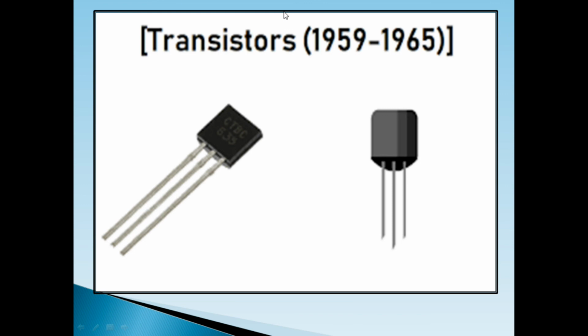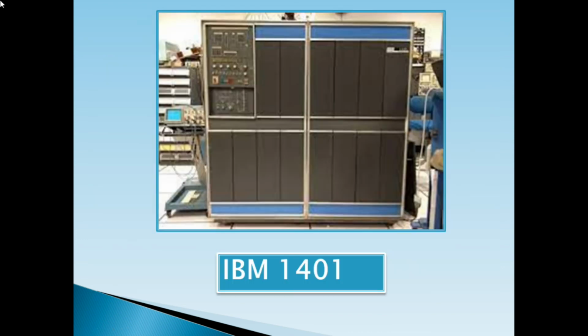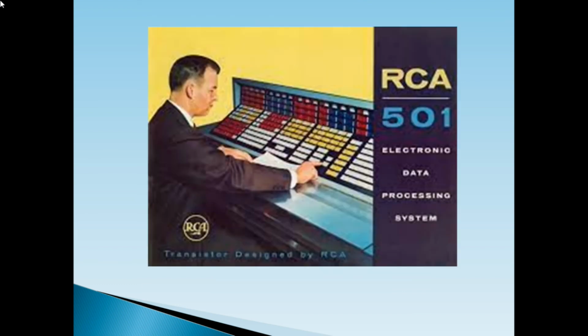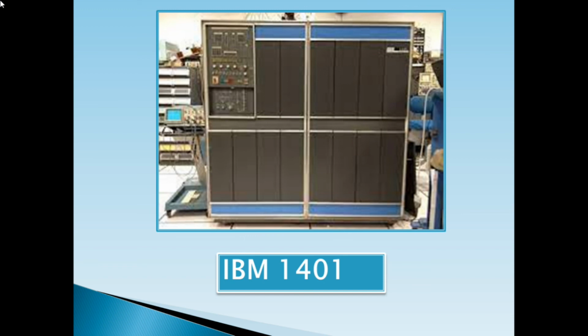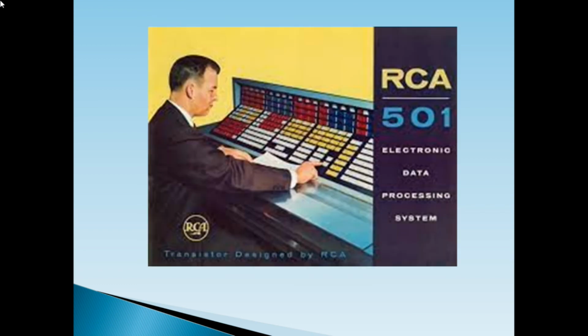It has three pins, see, 3 pins are there. This is called a transistor. IBM 1401 and RCA 501 are examples of second generation computers.